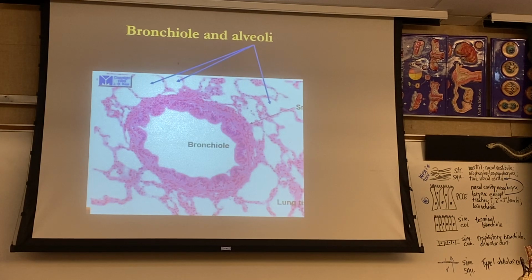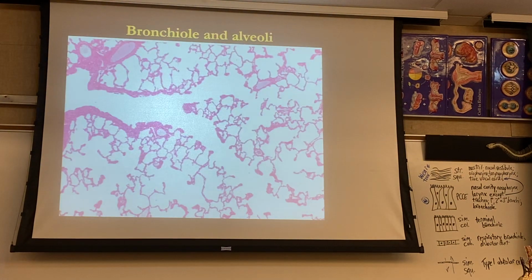And you better put a star next to alveoli. If you missed it the first time, you better put a star next to bronchial, and you better put a star next to alveoli. Everybody got it? Yeah.